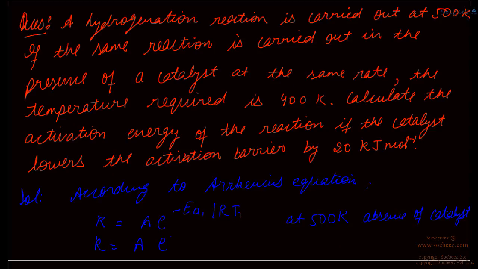Now K equals A e raised to the power minus EA2 upon RT2. This is at 400 Kelvin and in the presence of catalyst. Both of these quantities are the same.